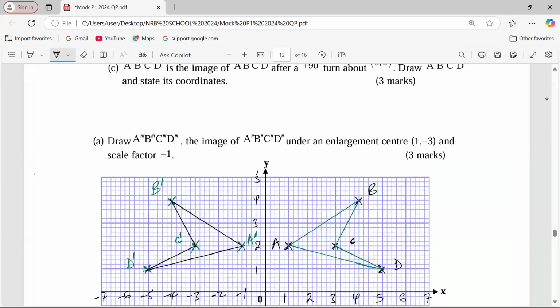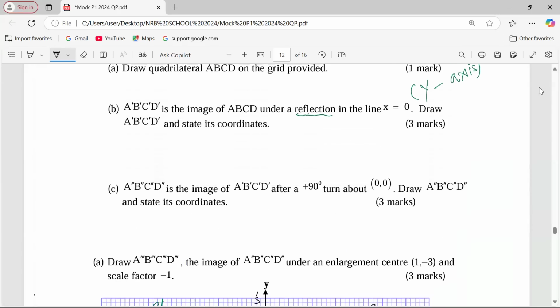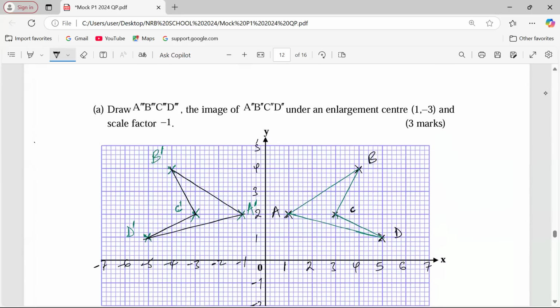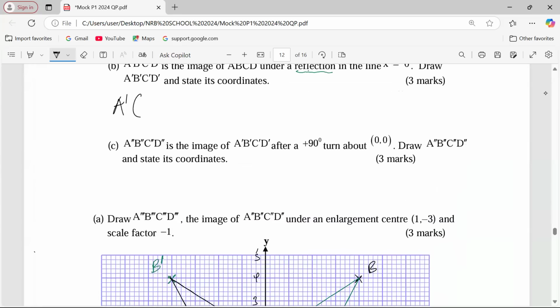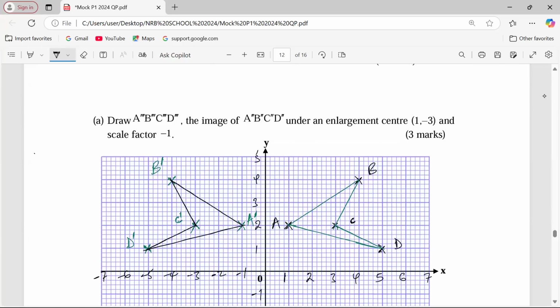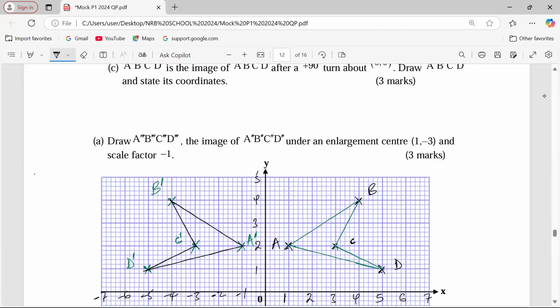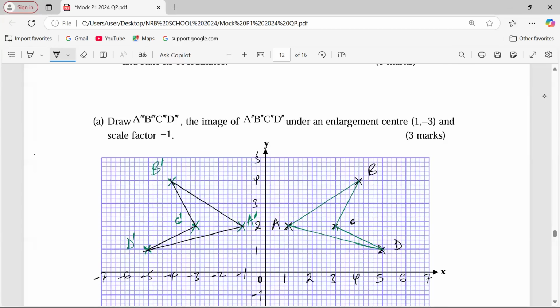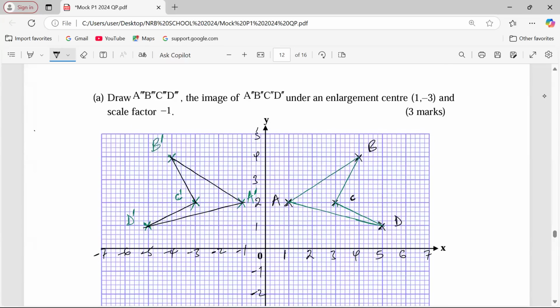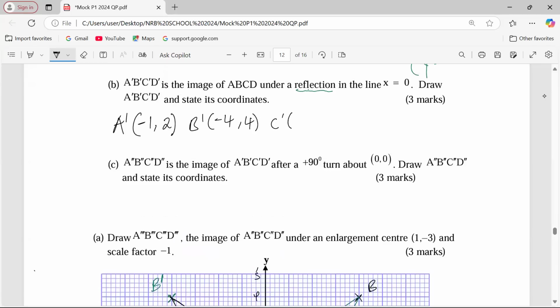Now we can state the coordinates. A prime is equal to -1, 2. B prime equals -4, 4. Then C prime, whose coordinates are -3, 2.